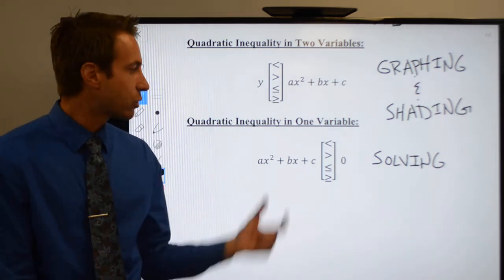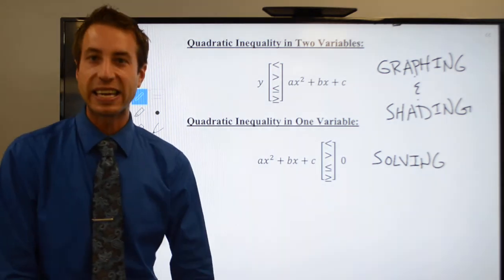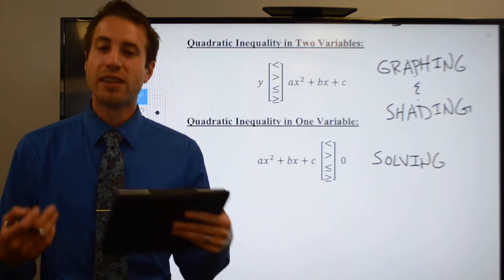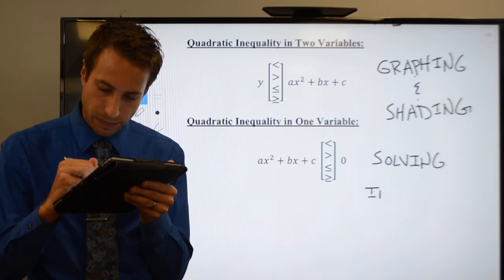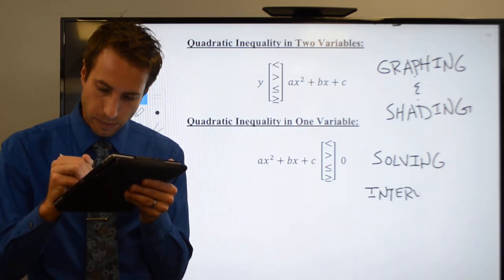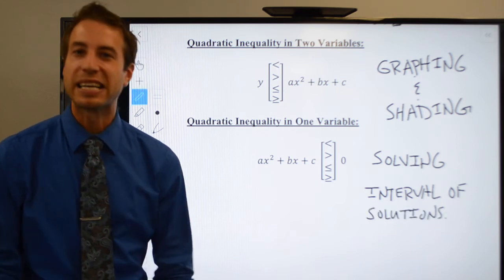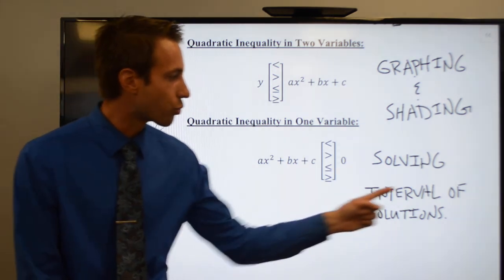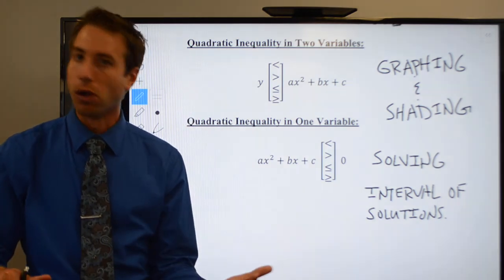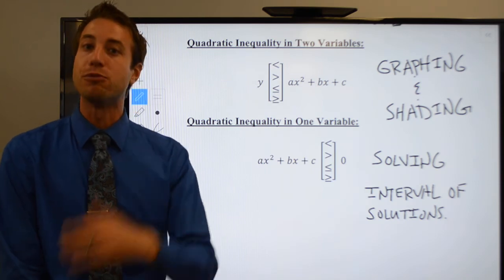So when you have a quadratic inequality in one variable, you're going to be solving and finding the interval that represents the possible solutions. Because it's an inequality, there's more than one possible solution, and we'll write the interval representing all of the possible solutions.